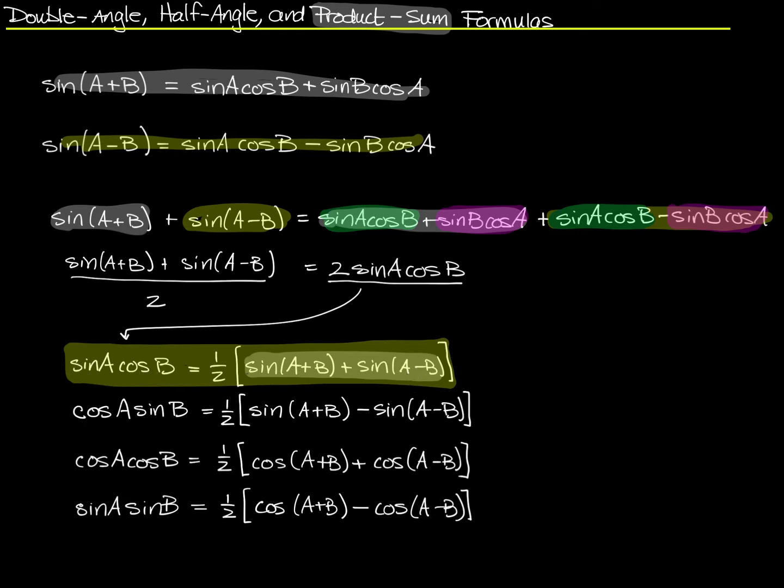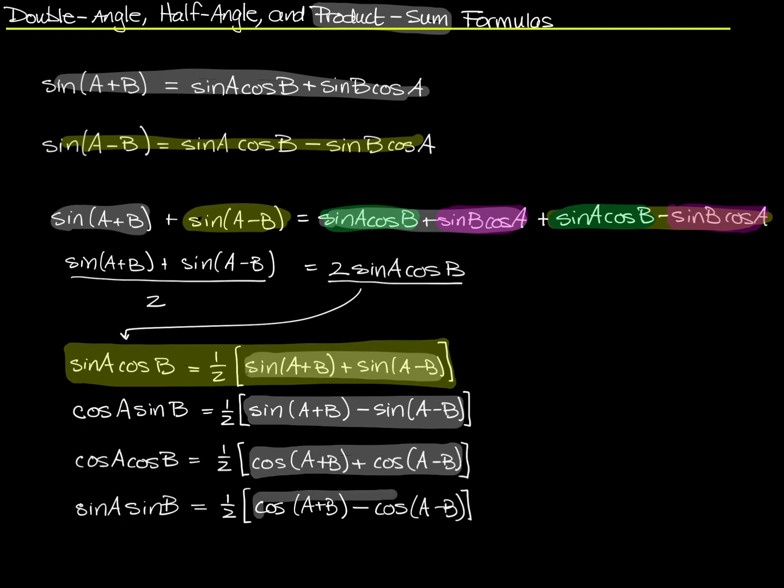If you do that with each of the insides of the additional three formulas that we've come up with, write these out, expand them using the formulas, and then solve for the product, you end up with the other three formulas.